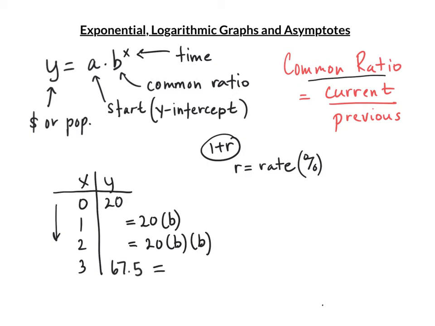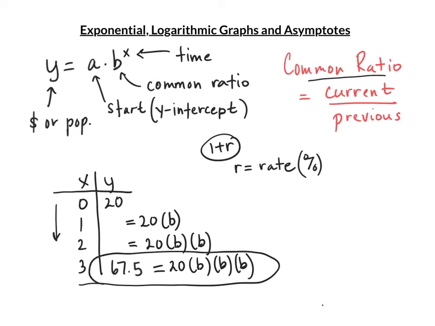And this last value is 20 times the common ratio times the common ratio, and one more time again. This right here gives us an equation that we can solve. That would be 20 b to the third equals 67.5.